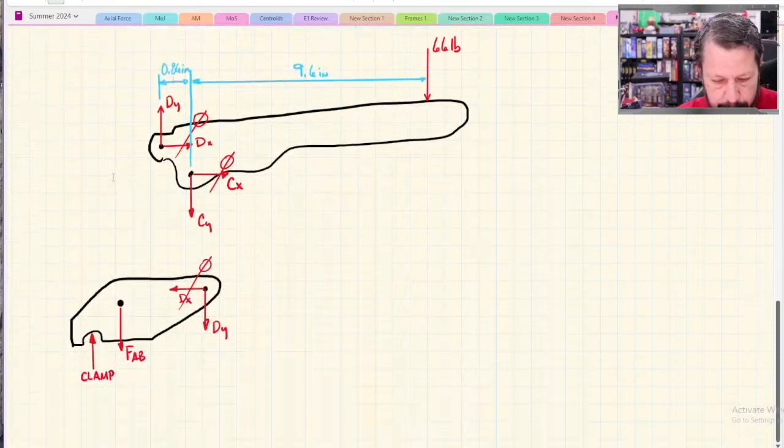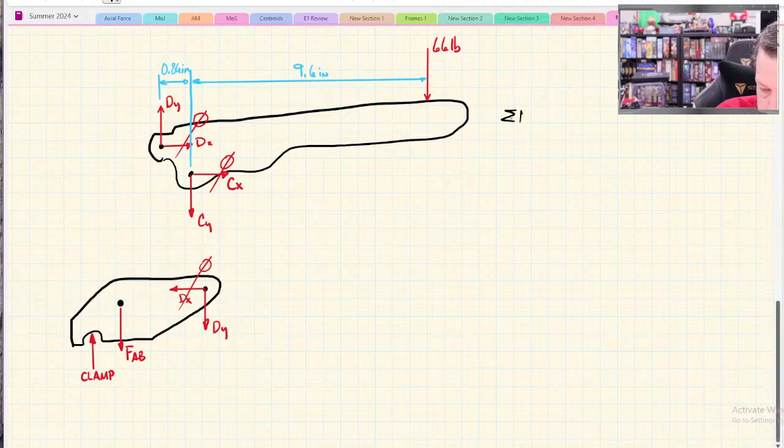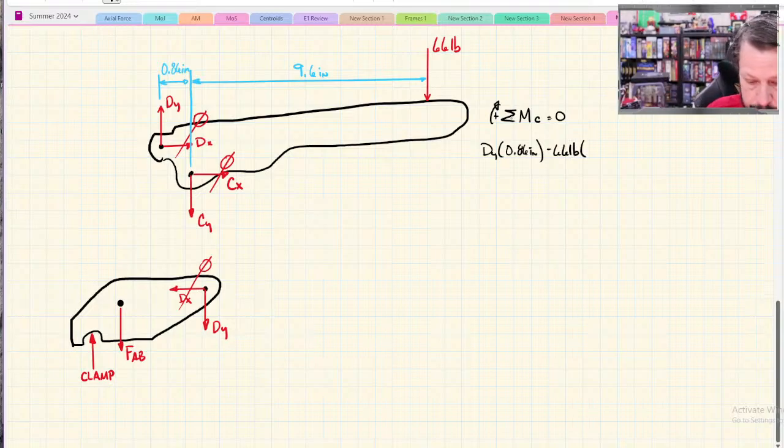All I have to do is summation of moments about C equals 0, and I get DY times the 0.86 inches minus 66 pounds, the external force applied to the handle, times 9.6 inches.